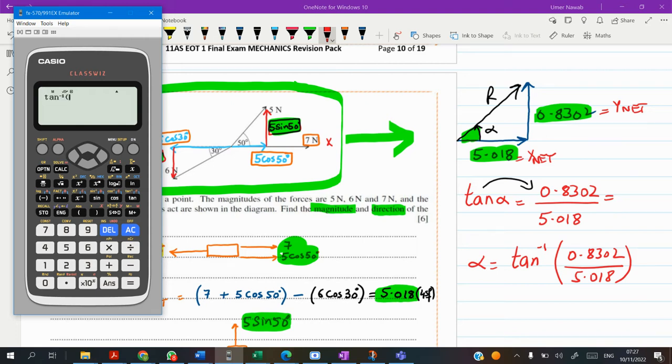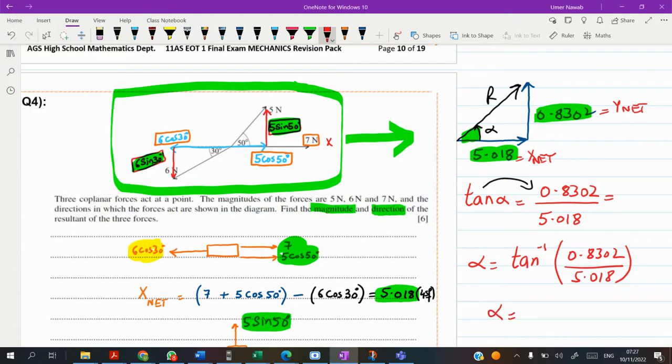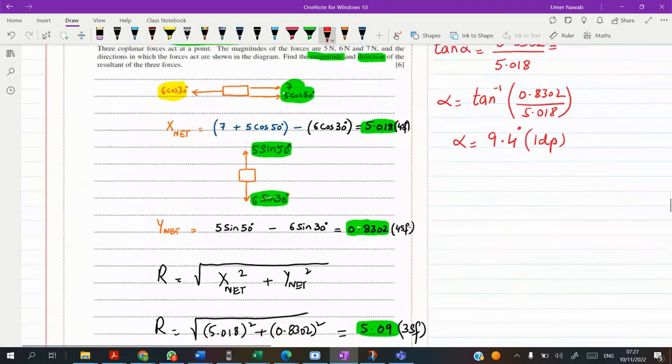Inverse tan, fraction, 0.8302 over 5.018. Close the bracket and get your answer. 9.39, 9.4, guys, because angle in A levels or IGCSE has to be given to one decimal place. So 9.4 to one decimal place, we got this answer.